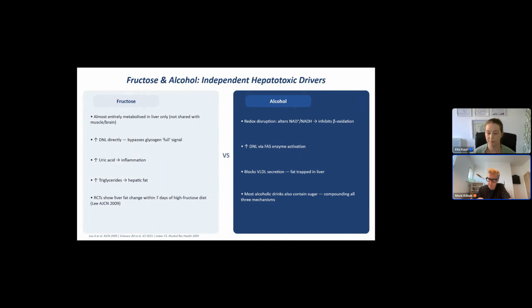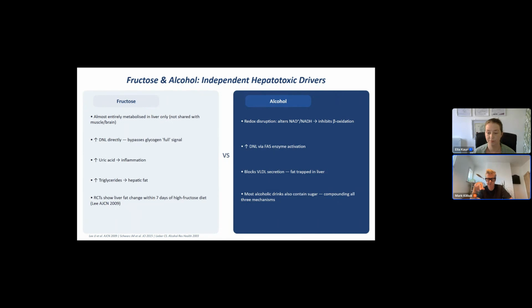There was a study by Lee and colleagues that showed a significant increase in hepatic de novo lipogenesis within just 7 days of a high fructose diet. So the clinical message for your clients is that fruit juice is among the most hepatotoxic things a patient can consume habitually, and encourage them to eat fruit, not drink it.